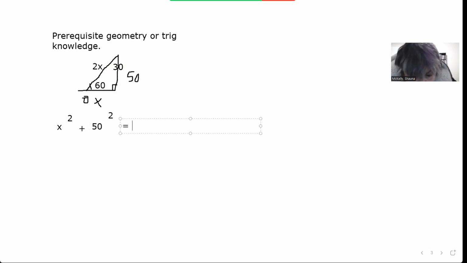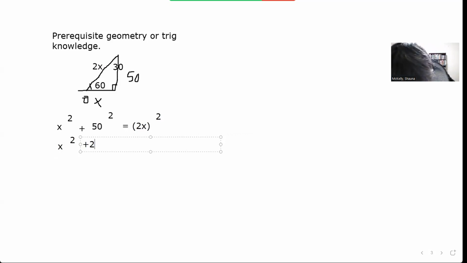So if you want to write this properly, you're going to write 2x quantity squared. This becomes x squared plus 50 squared, which is 50 times 50, that's 2,500. So I'm going to go ahead and put that in now.